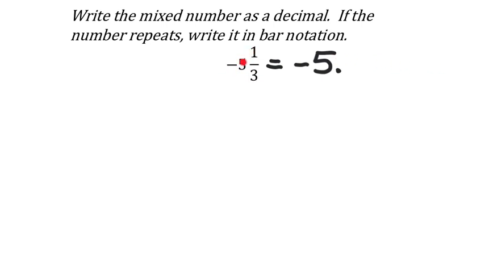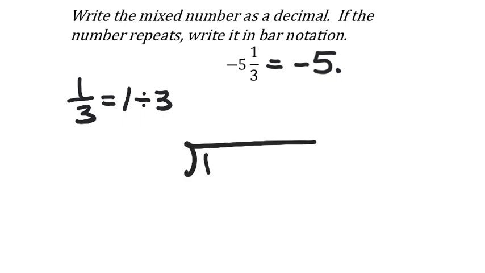So this allows me to ignore the whole number here, the -5, which then allows me to just look at only 1/3, which is the same as 1 divided by 3. So with some long division, 1 divided by 3, well, 3 won't go into 1, so there's 0, and it should be 0 because we got a 5 already in the ones place value.